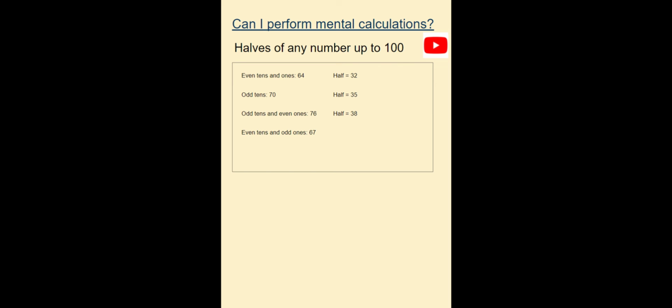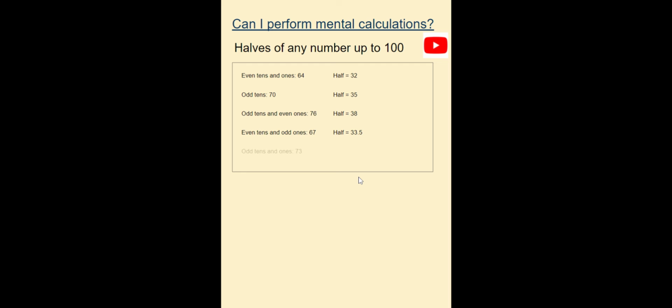So again, I could think about partitioning 7 into 6 and 1. Half of 6 is 3 and half of 1 is a half. So half of 7 is 3.5. Add that to 30, I've got 33.5.